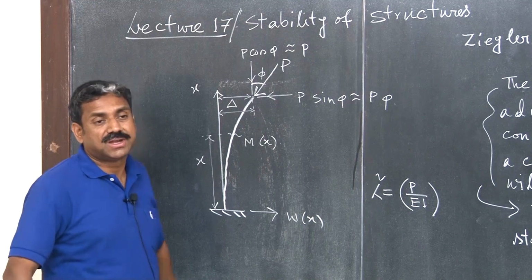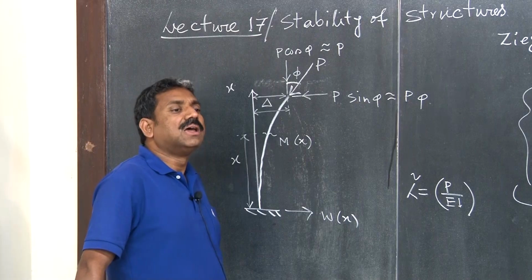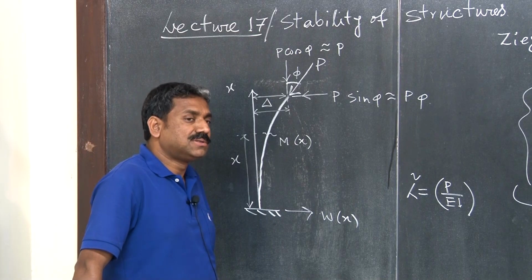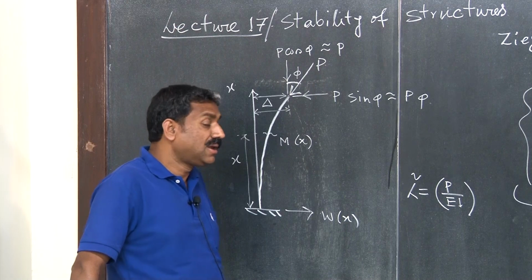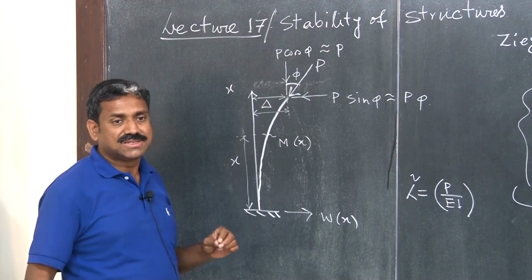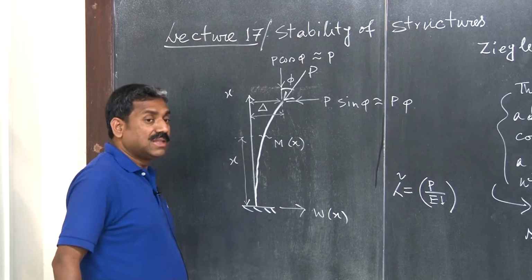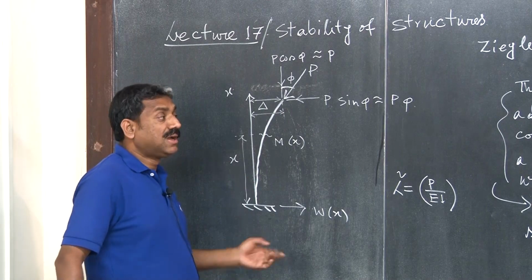Then people started applying the kinetic method, and with the kinetic method we will see that it really gives the correct solution, which admits that there indeed exists an alternate configuration, and it can still lose stability under the follower force. Let us do that.